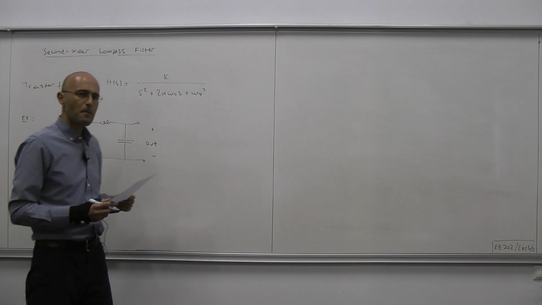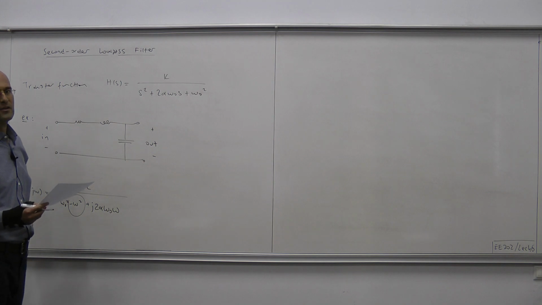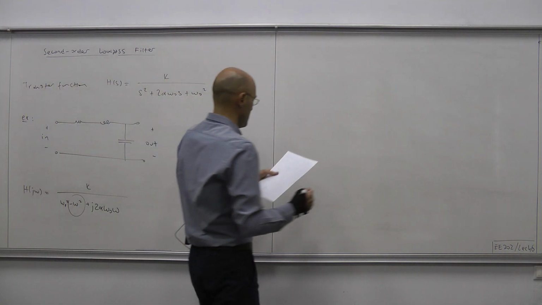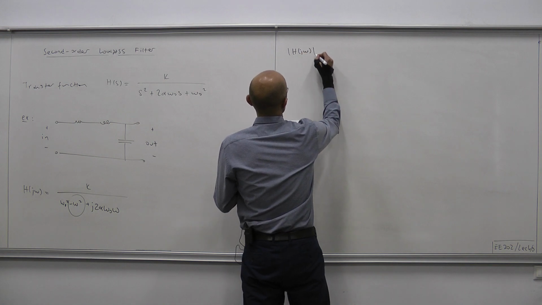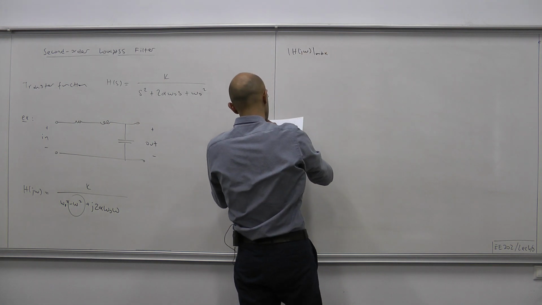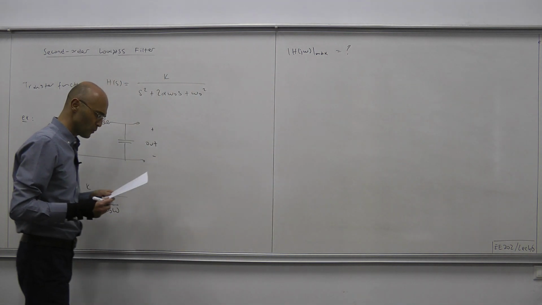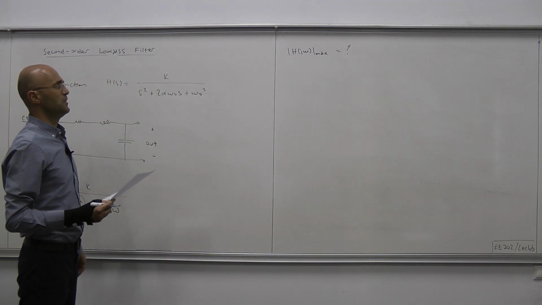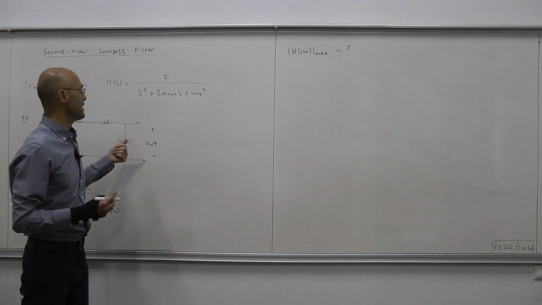Okay, so let's talk about a few details about our low pass transfer function. For instance, what's the maximum gain that can be achieved, and at what frequency it is achieved. Let's talk about that. Now, that's not for the bandpass filter.